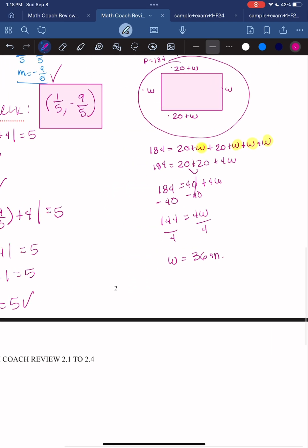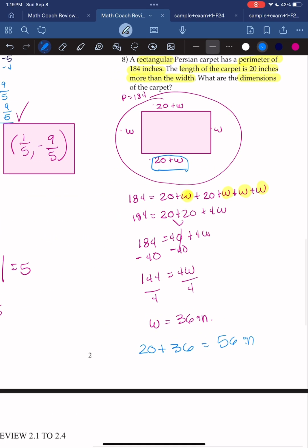Now we have to find the length. And here it says that the length is 20 plus w. So we just plug the w in. 20 plus w, which is 36. 20 plus 36 is going to give us 56. 56 what? 56 inches. And now we can't leave our answers like that because it's a word problem.